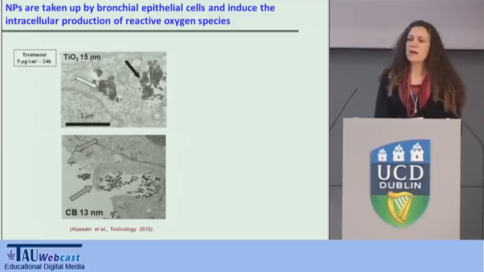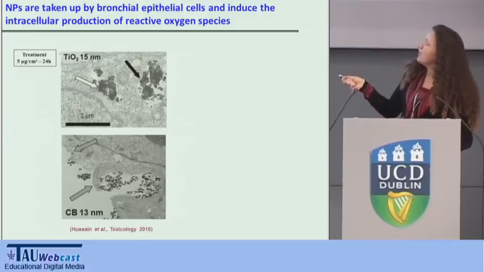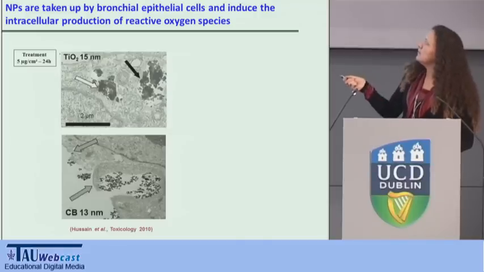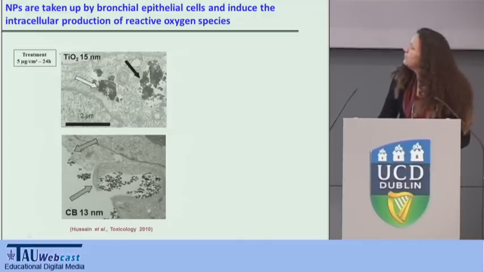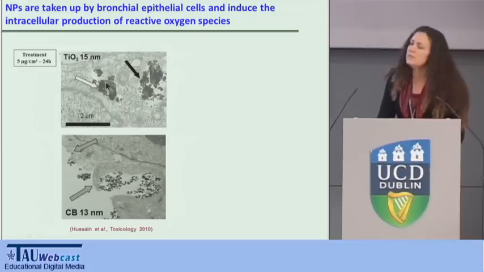Transmission electron microscopy shows here that these particles are taken up by epithelial cells and are present in vesicles, but sometimes they could also be present free in the cytoplasm without a membrane around. This is mostly seen with the titanium nanoparticles.